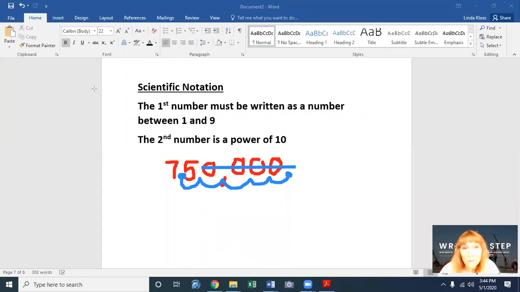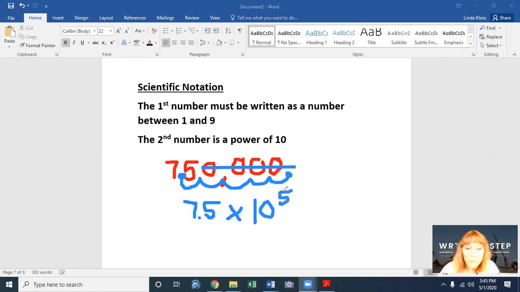So now 7.5 is between 1 and 9, isn't it? Yeah. So it's going to be 7.5 times 10 to the, I apologize for my family as I'm recording this, 10 to the, now we have to count, 1, 2, 3, 4, 5 spots, 10 to the 5th power.